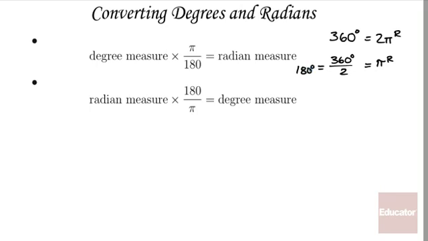That gives you the formula to convert between degrees and radians. If you know the measurement in degrees, you multiply by pi over 180, and that tells you the measurement in radians. If you know the measurement in radians, you multiply by 180 over pi, and that tells you the measurement in degrees. We'll practice that in some of the examples later on.